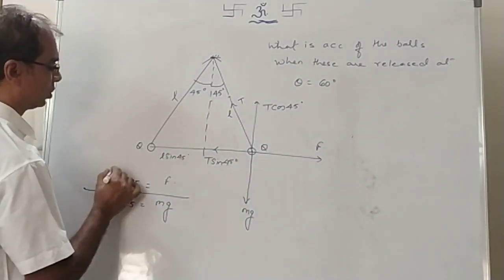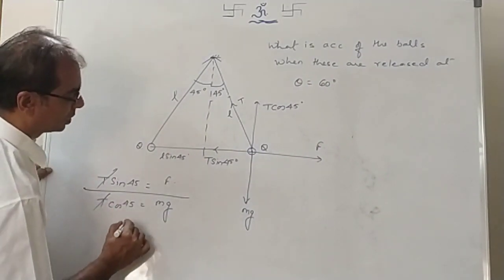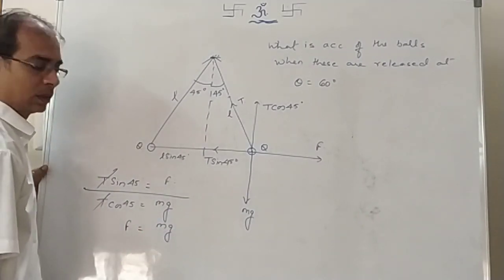Take the ratio, this T gets cancelled. This is tan 45, which means 1. So F is equal to mg.